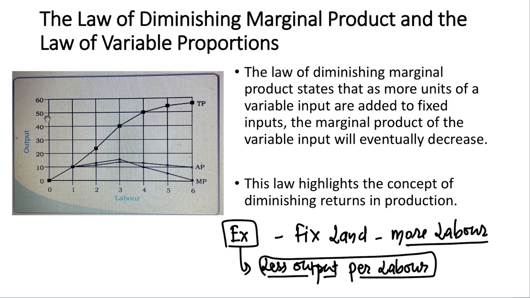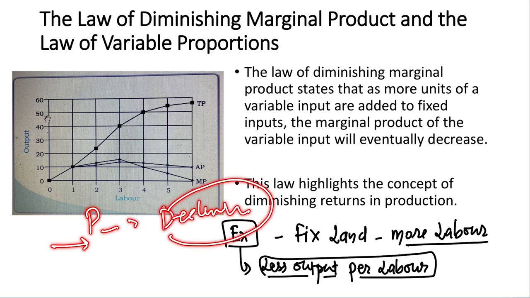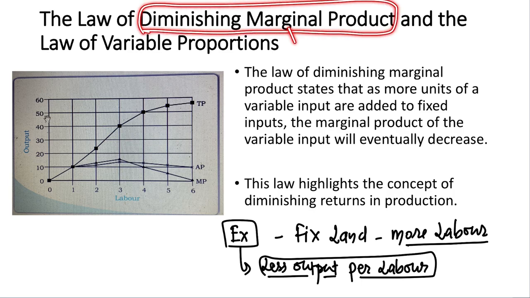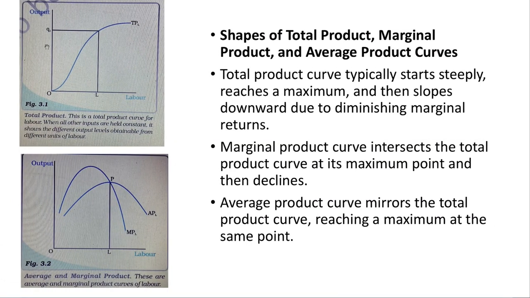And if you start employing more people, you will see that the marginal product per labor starts declining. This happens because there is not enough space, there is not enough capital to accommodate one more employee, right? And because of that, there is a diminishing marginal product, that your output will start declining as you employ more and more people. So that is the concept here.